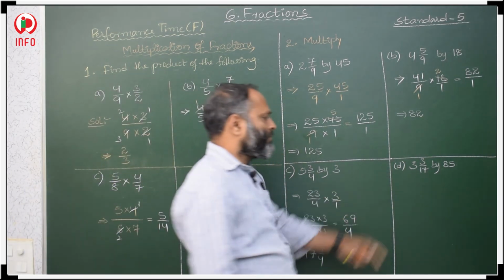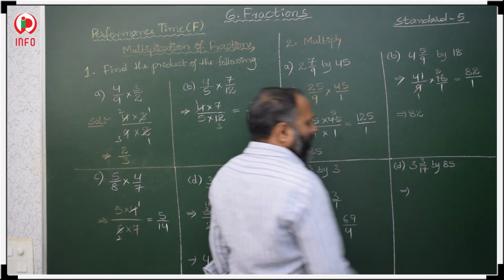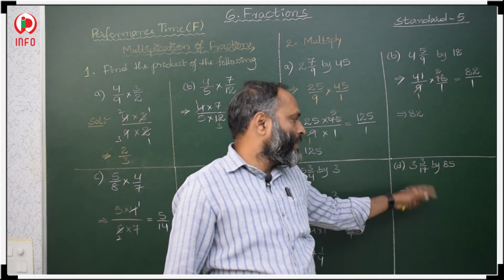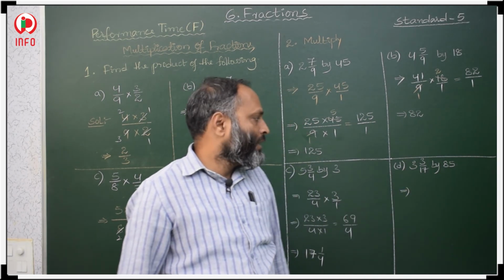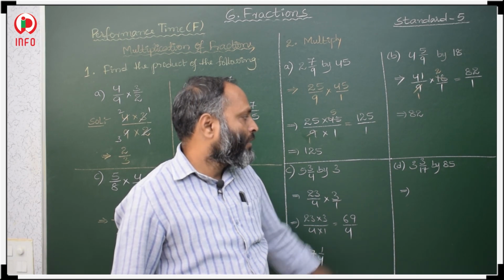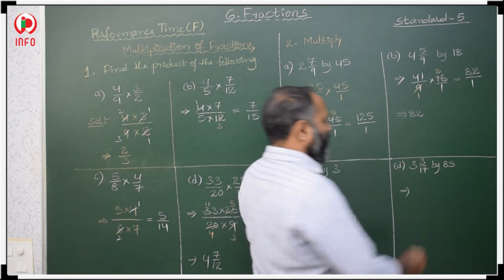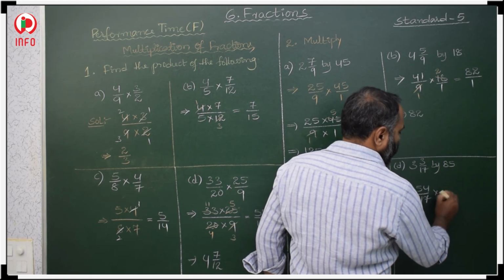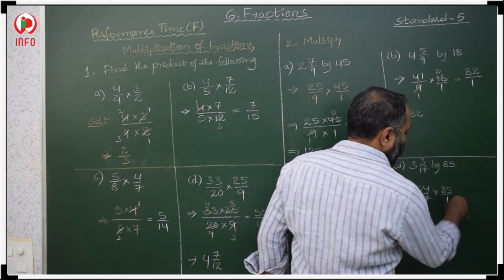Now, this one. This we have to convert into improper fraction. 17 3s are 51, 52, 53, 54. 54 by 17 into 85 by 1.